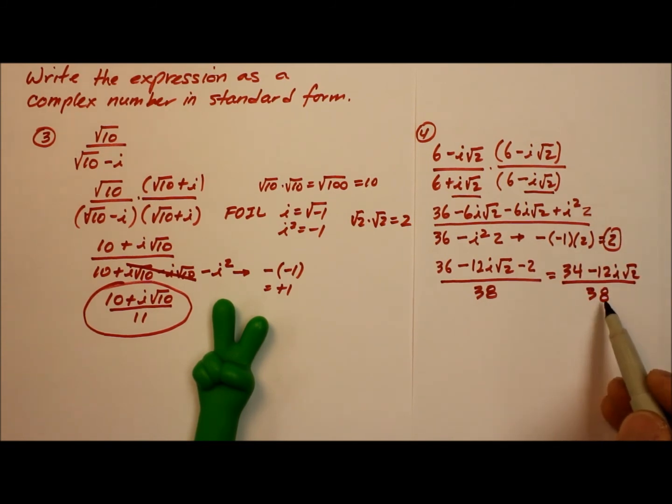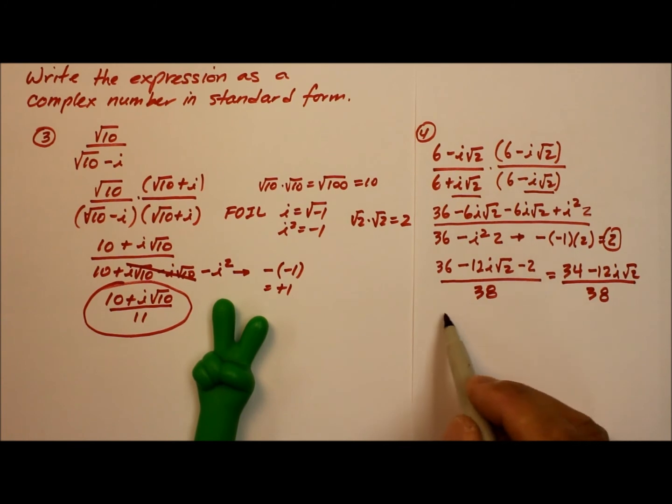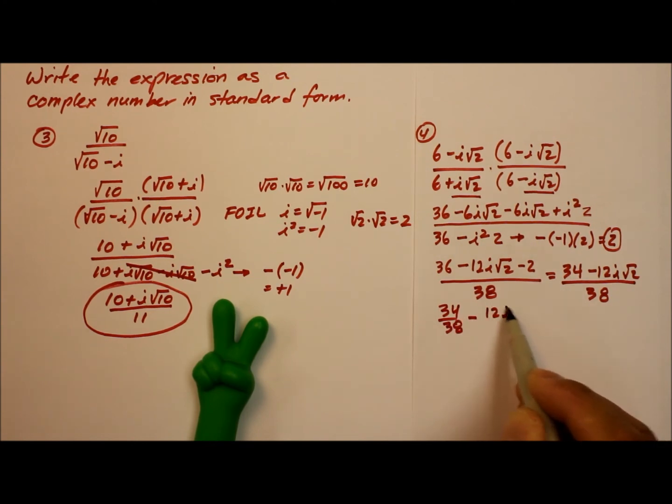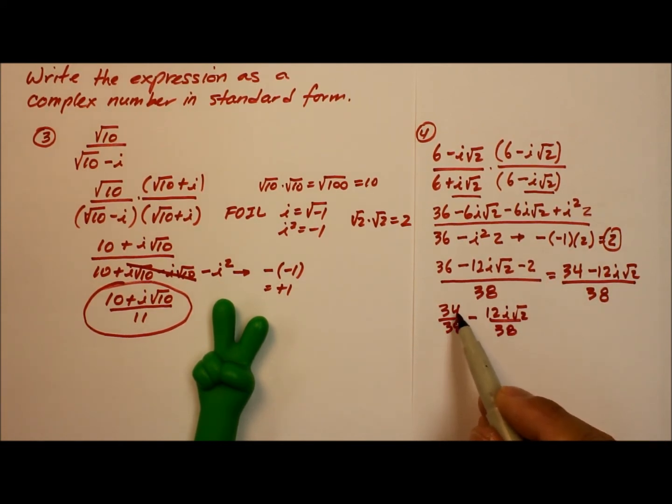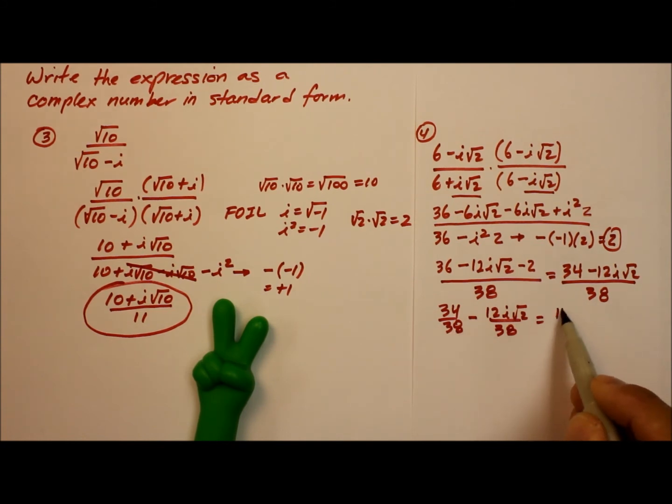Are we done? Not quite. The common denominator in this quotient, the common factor I mean, is 2. The 2 can reduce 34 and 12 and 38. Let me write it to you this way. Since 38 is a common denominator, I could write it as 34 over 38 minus 12i square root of 2 over 38. Now I could reduce the quotients, the 34 and 38, common factor of 2, it becomes actually 17 over 19.